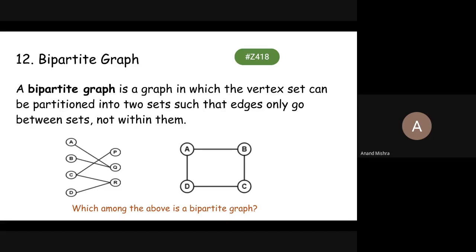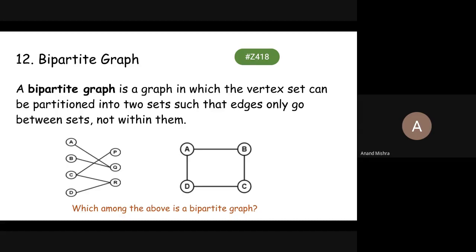So this is a bipartite graph, and there are many real life examples. For example, let's say there are 3 jobs and there are 5 people appearing for the job interviews. Then the connection might be that whoever is eligible for a particular job, we connect them.